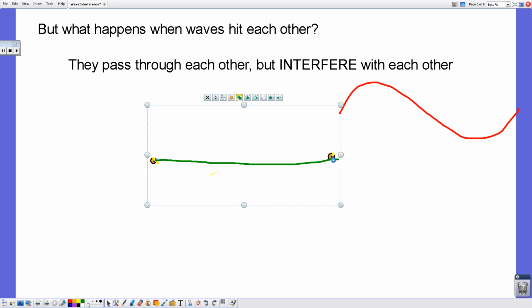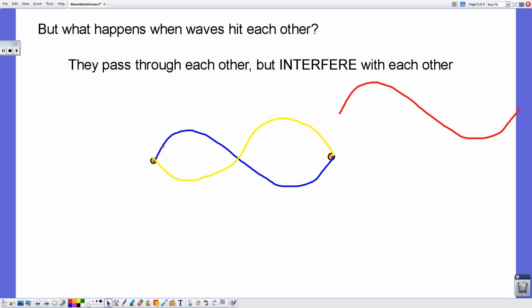If you got blue and yellow, both waves are happening at the same time. What's happening right here? Blue says, go up. Yellow says, go down. And so the medium, the material the wave goes through, says, okay, to both, and does both. Think about net force. Same thing happens.